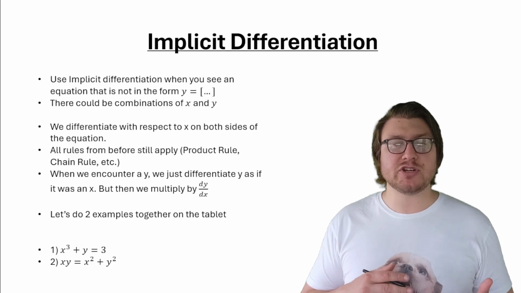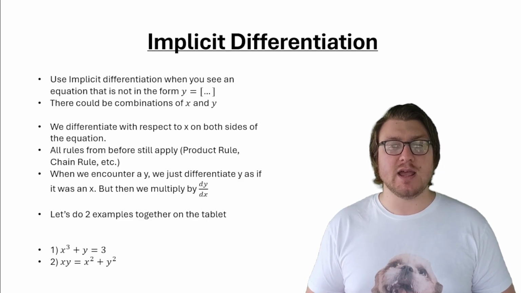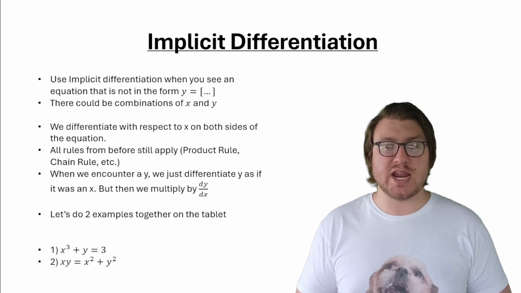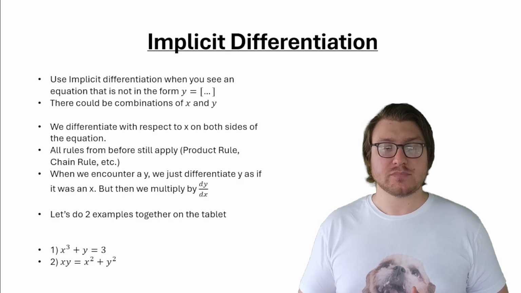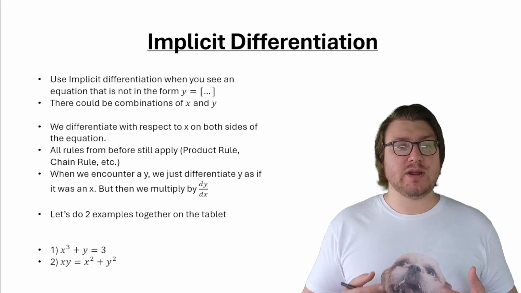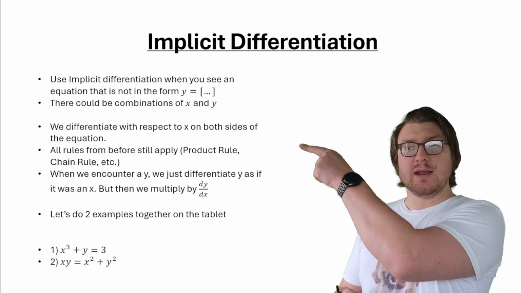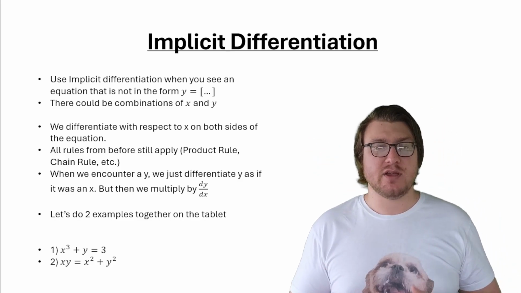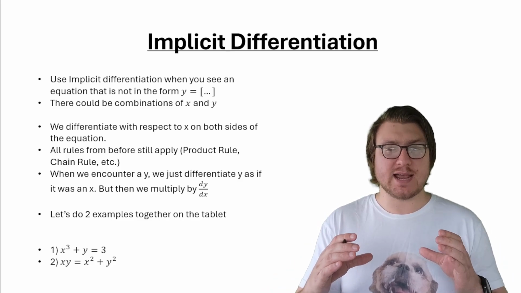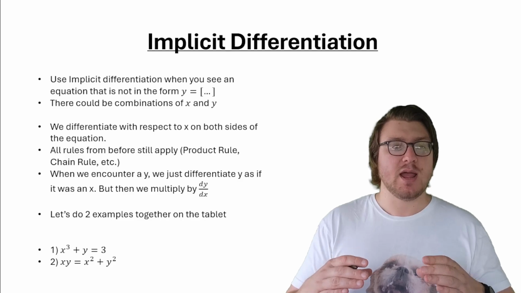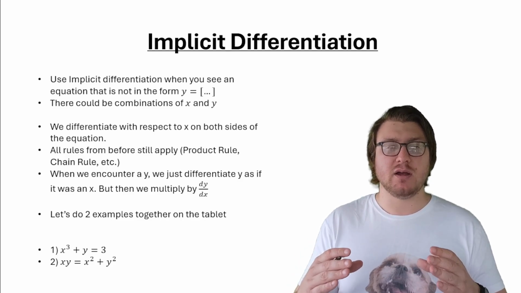We simply differentiate on both sides of the equal sign, but we need to always remember the chain rule when we take the derivative of y. Because when we think about it, we want y to be a function of x. So every time we have y, we have, in brackets kind of invisible, any formula for y.